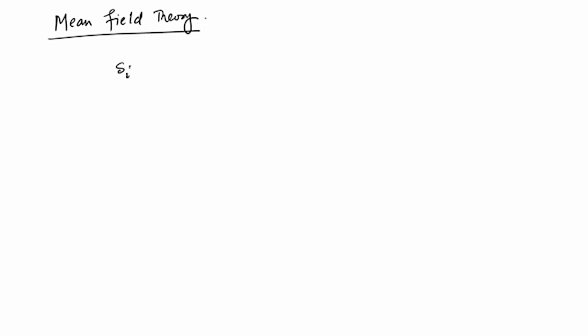So, we write Si equal to some average value plus some fluctuation. In the quadratic case, the fluctuations will be ignored. Let us see that. We have delta Si, the fluctuation, equal to Si minus Si average. That is the fluctuation in spin.